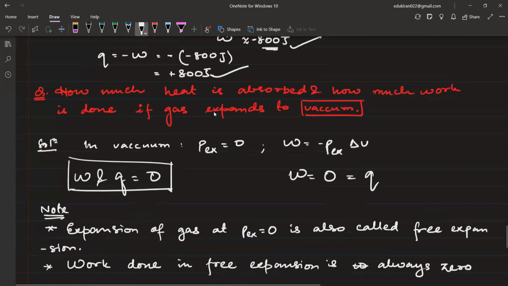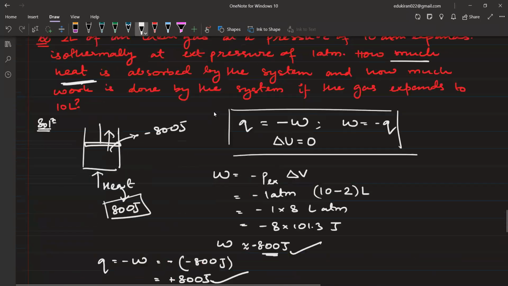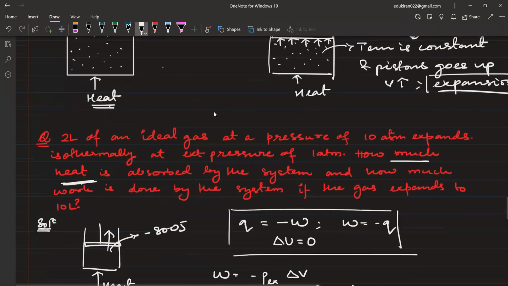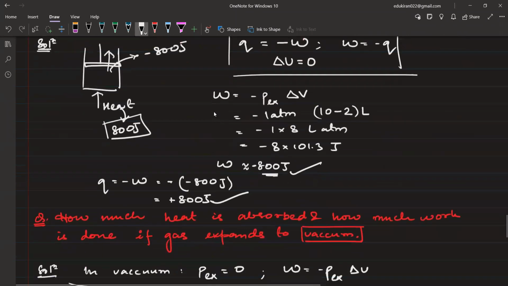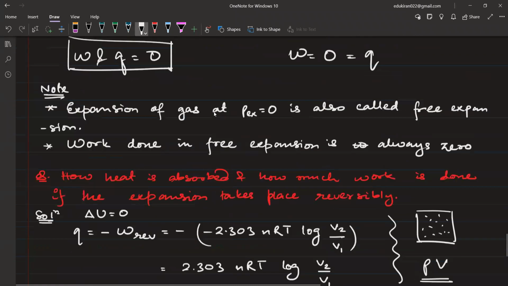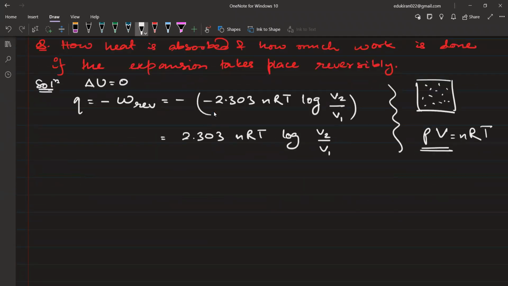So what was the initial pressure and initial volume? You had 2 liters of ideal gas, that was the volume, and 10 atm. Okay, and we know that PV is equal to what? nRT. Now since PV is equal to nRT, I can write 2.303 nRT को हम क्या लिख सकते हैं? PV, and this is initial pressure, initial volume.